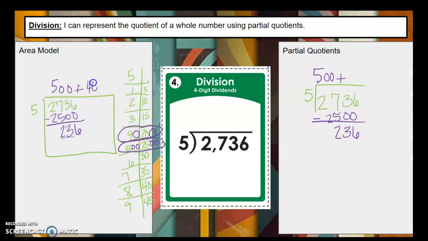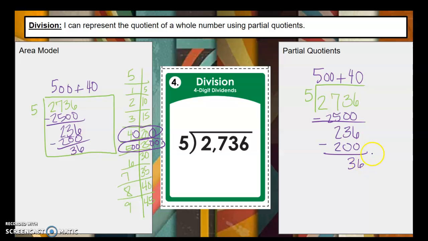So I'm going to say 40 groups minus 200. All right, so then let's see. When I subtract that, I get 36. And then I'm going to put my plus 40 over here, minus 200, that's 36.